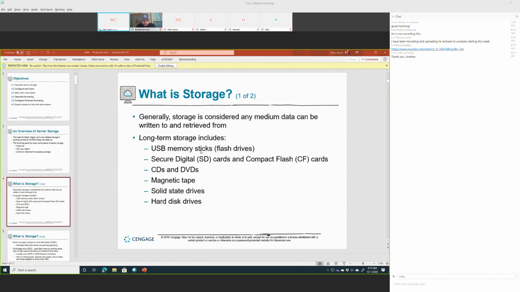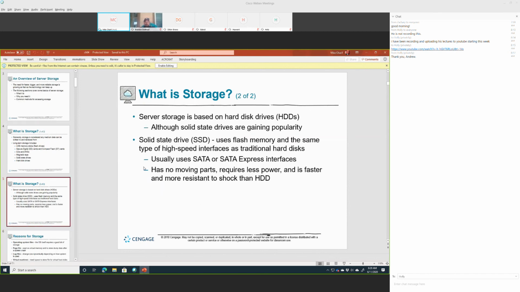So as we see, we have different types of media to save our data. And also, the stuff not mentioned here is what you can do on the cloud, like Google Drive, and so on.